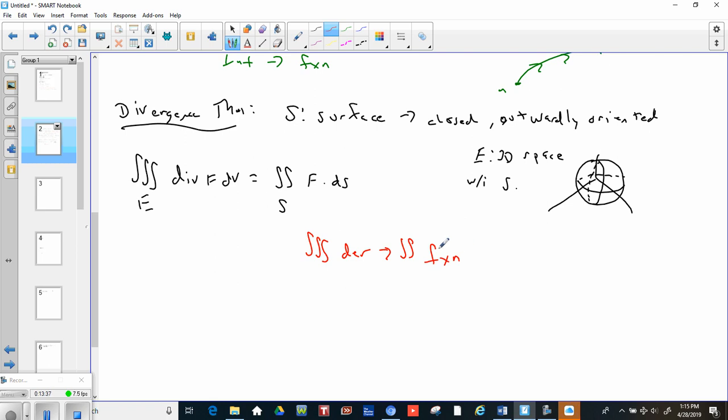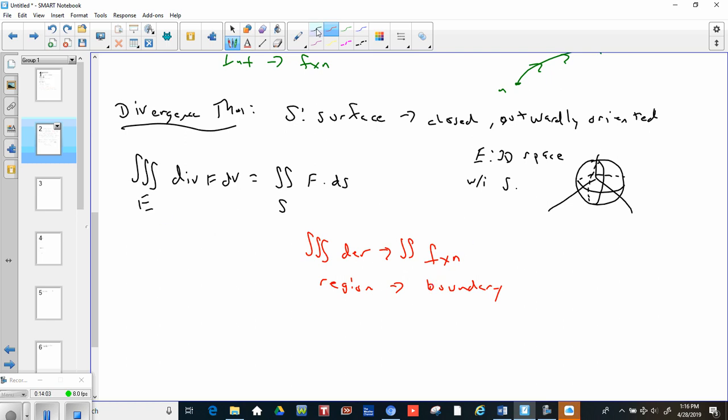And that's what you get. So what we are saying is this goes from a region, E, to the boundary, S. Again, you guys should be kind of getting the idea here. Everything is going from something down to its boundary. Something down to its boundary every single time.